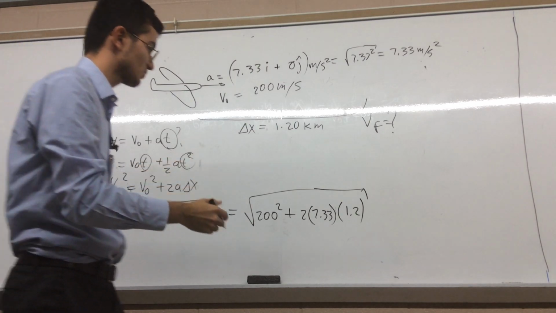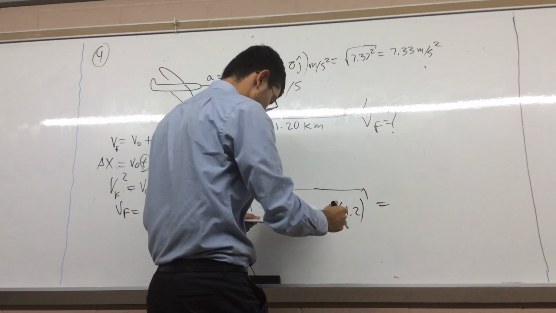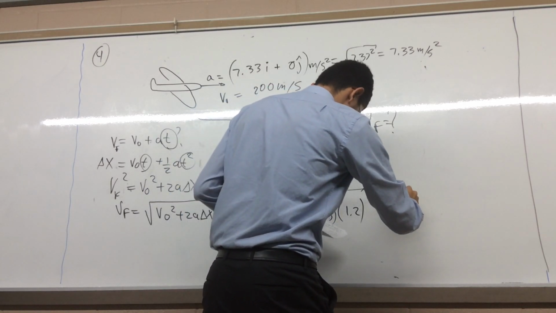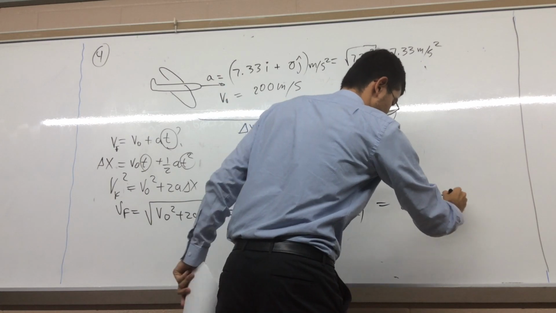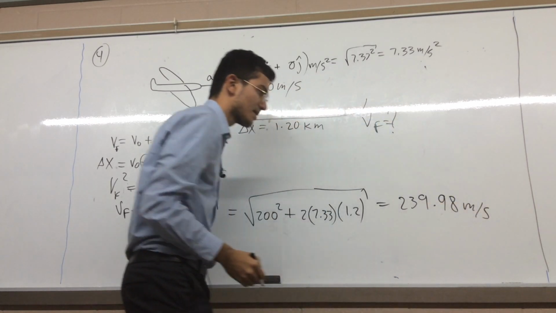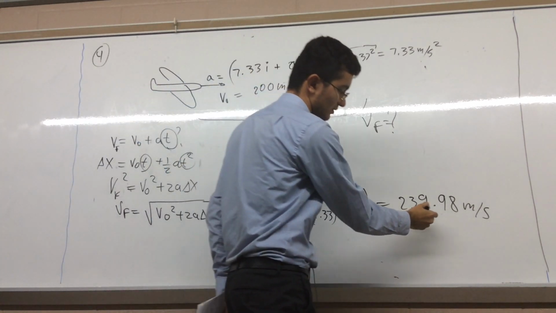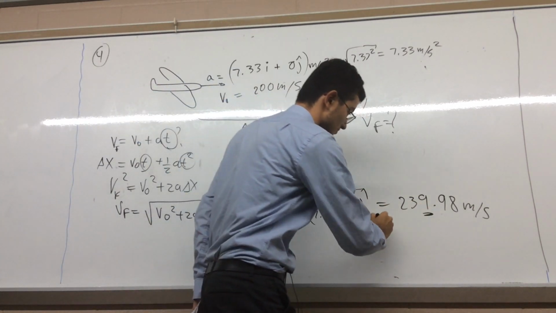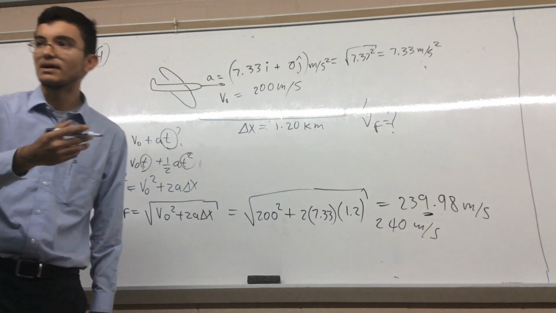If you plug it into the calculator, that should give you 239.98 meters per second for the final velocity. But you're given 3 sig figs, so you could round it to 3 sig figs, and you're going to get 240 meters per second. So that'll be the final velocity.